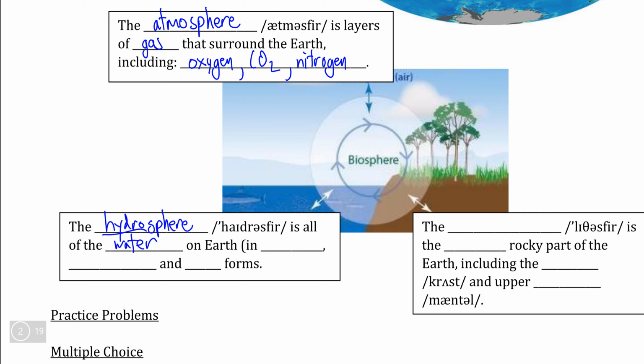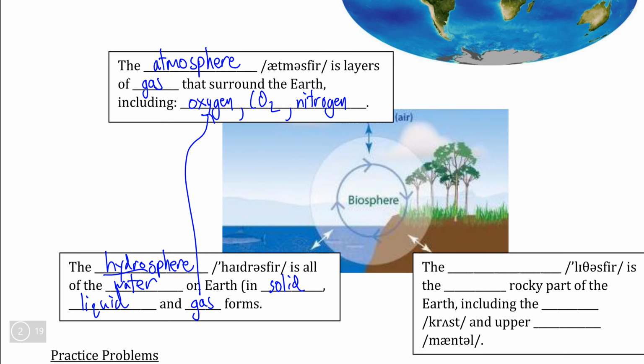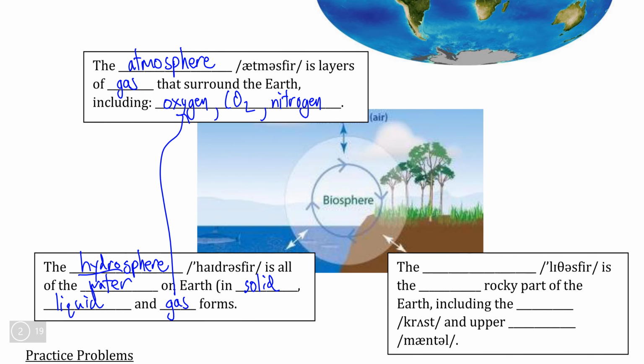Hydro, again, referencing water, and this includes water in its solid form, so the ice caps that exist in the Arctic and Antarctic, the liquid forms, which is most of the water on Earth, and the gas forms that actually make up a component of the atmosphere as well. So we see even among the non-living parts, there is some crossover.